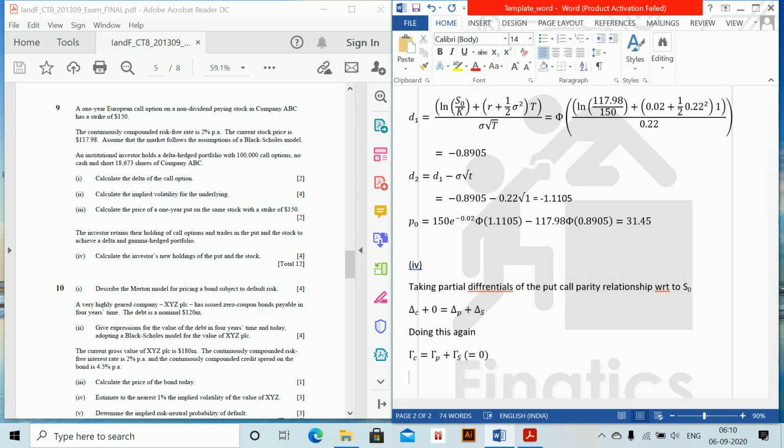Then the investor must have a short position in put options.